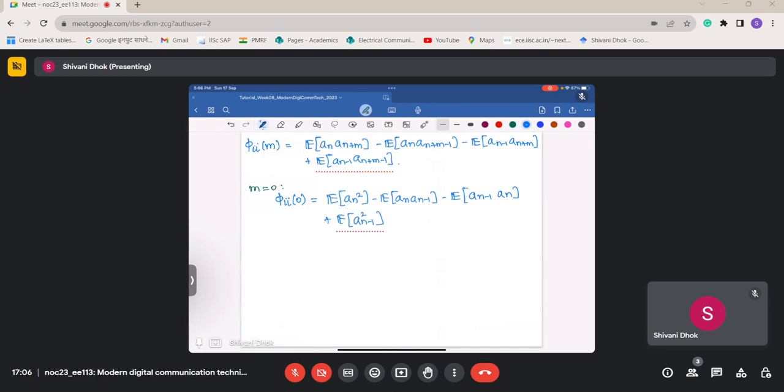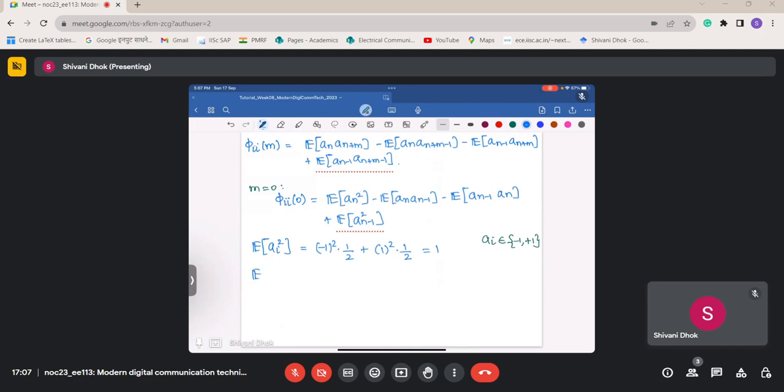Okay, now let's consider expectation of a_i square for all i ranging from minus infinity to infinity. So this comes out to be, you observe this a_i belongs to minus 1 and plus 1, and these two are equiprobable. So this comes out to be minus 1 square into 1 by 2 plus 1 square into 1 by 2, which comes out to be 1.